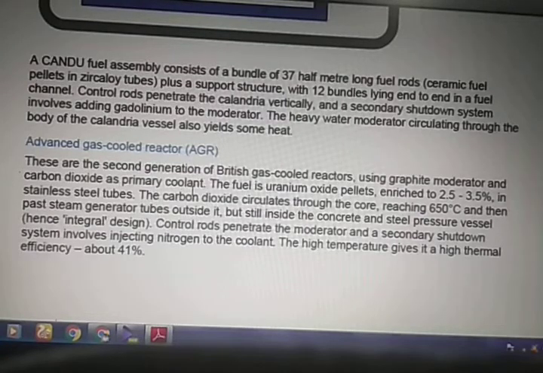It is a second generation nuclear reactor. Here graphite is used as a moderator. Uranium oxide is used as a fuel. Its thermal efficiency is about 41%.